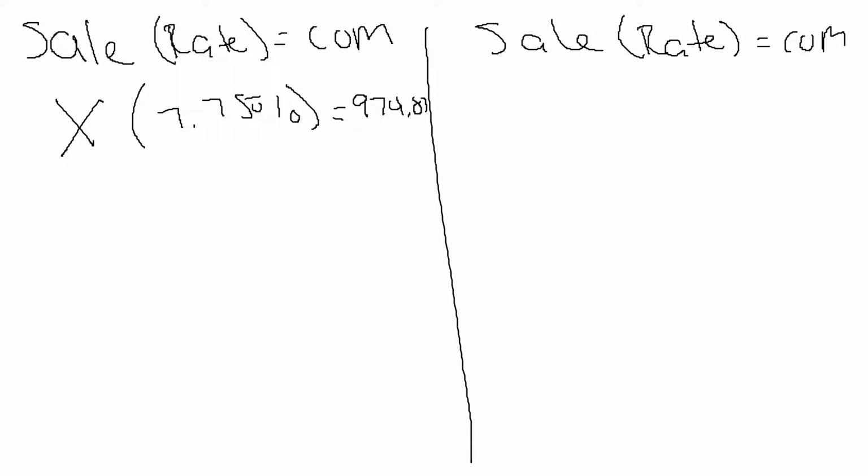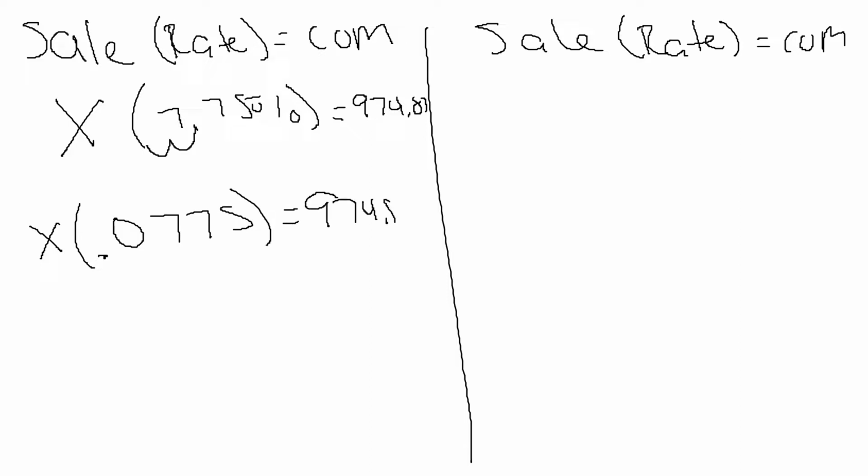I have to convert it to a decimal by moving my decimal 2 places. So what I really have is 0.0775 times X equals 974.87. And now I just solve for my sales by moving this over and dividing.